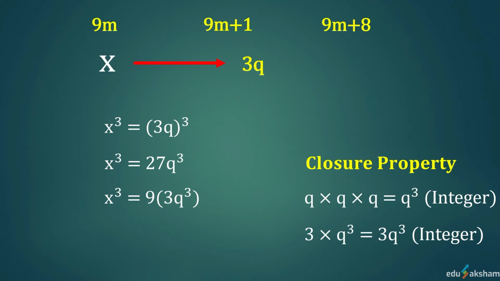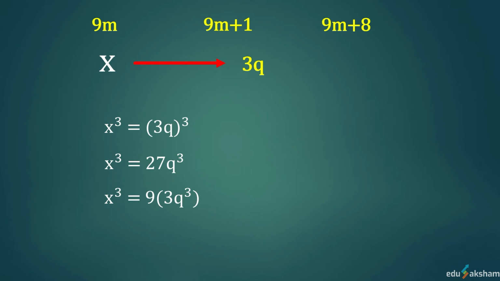So 3 times q cube gives us 3q cube, which is an integer. So 3q cube can be represented as m, which is an integer, and x cube can be represented as 9m.